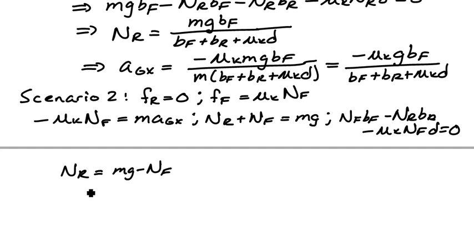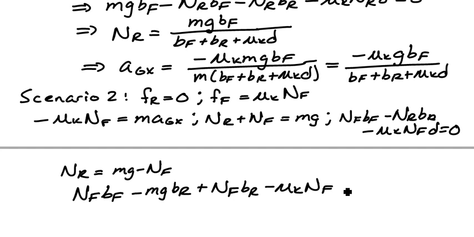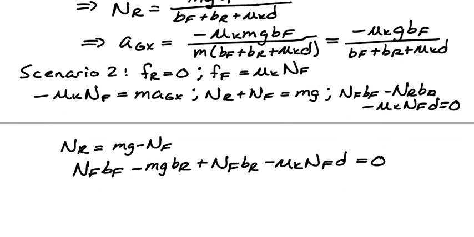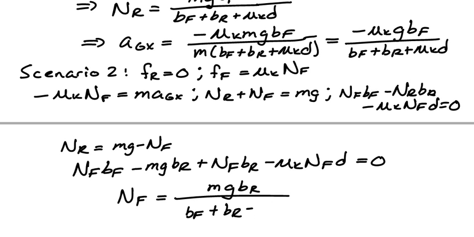If I plug that into the moment equation, I'm going to have N_F times b_f minus mg times b_r, minus a minus is going to be plus N_F times b_r, minus mu_k times N_F times d is going to equal 0, which of course means that N_F is going to equal mg times b_r divided by, in this case, b_f plus b_r minus mu_k times d.